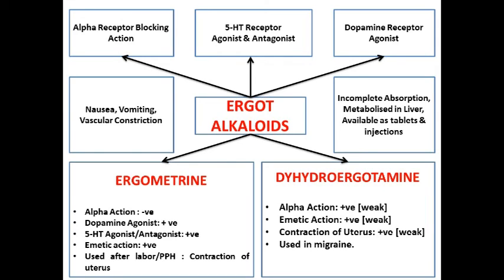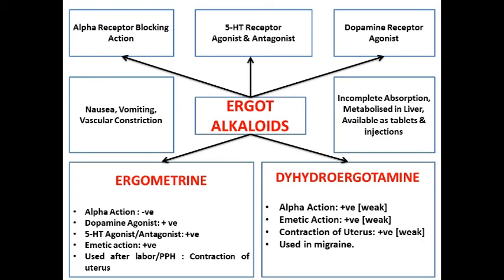These drugs have a lot of combined actions, so it's again slightly difficult to remember everything. The two drugs that you need to remember in this class are ergometrine and dihydroergotamine, because they have been in practice for a long time.